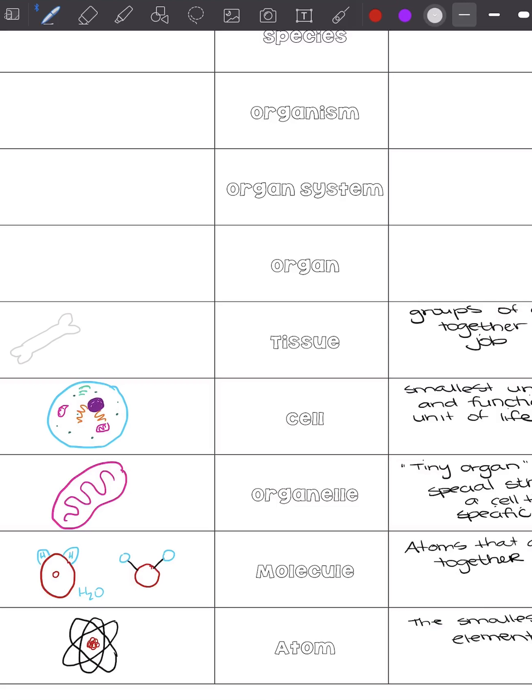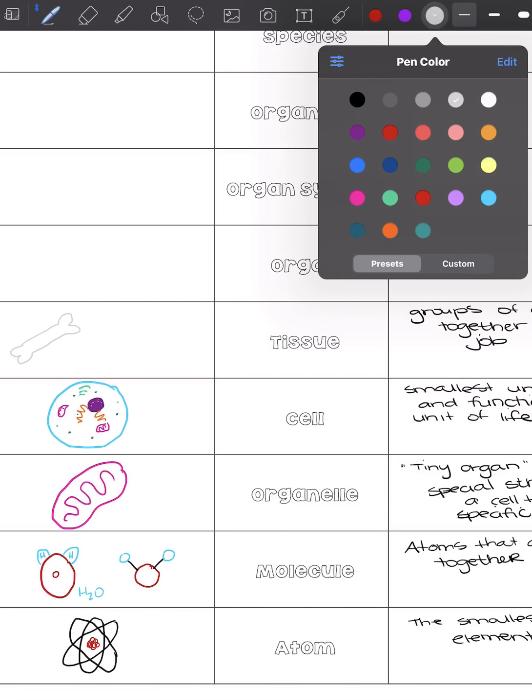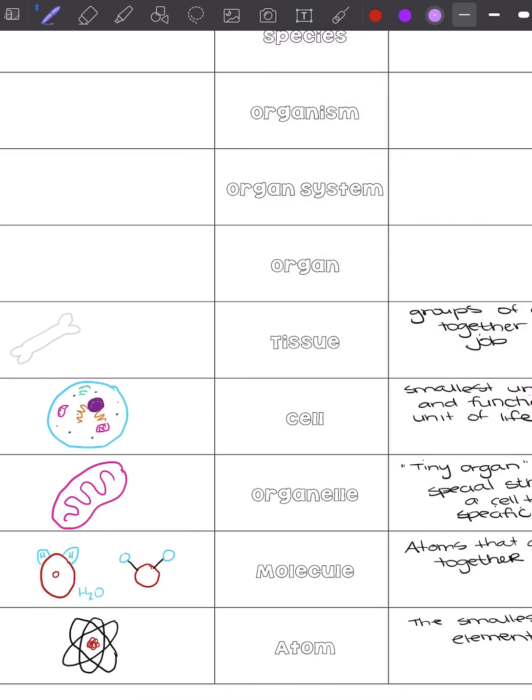You can get real fancy if you wanted to, and we could draw, if you remember looking at the cheek cells that we did, that's epithelial tissue. We talked about the 4 kinds: connective tissue, nervous tissue, muscle tissue. We just looked at what muscle tissue looked like in class, so you could draw muscle tissue.